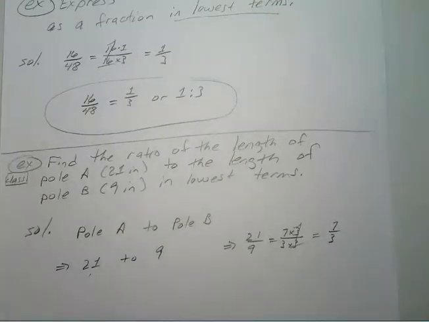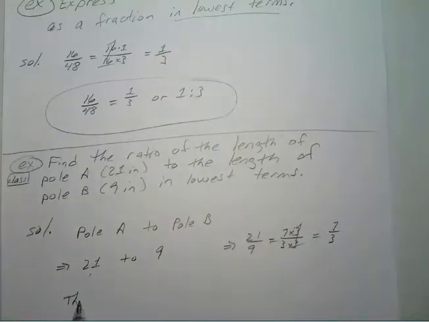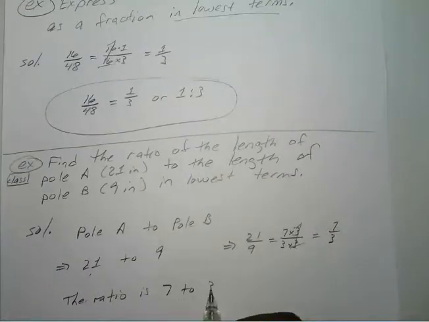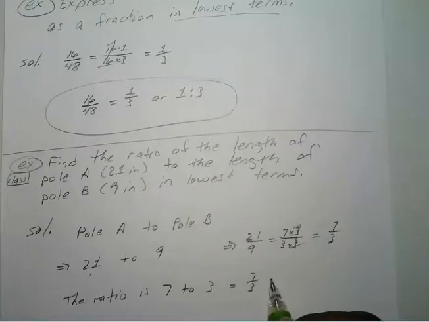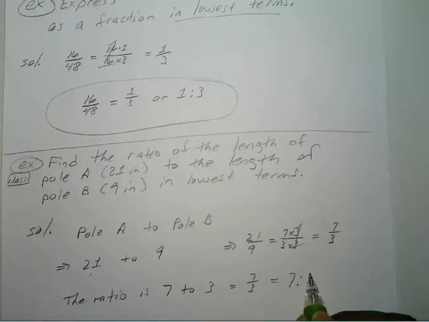So that's a 7 to 3 ratio. The ratio is 7 to 3.